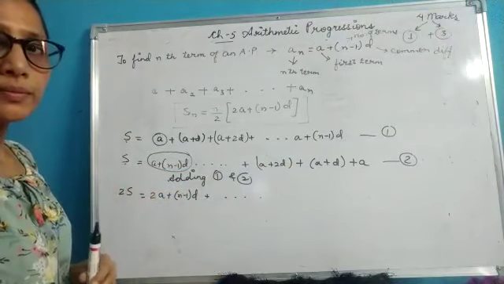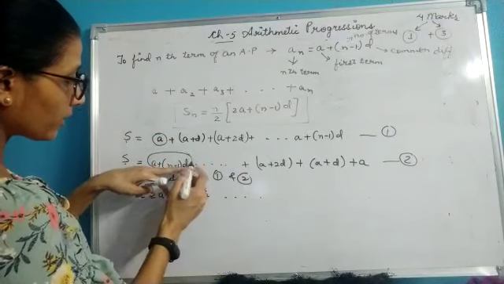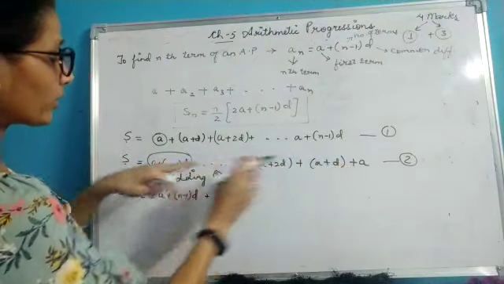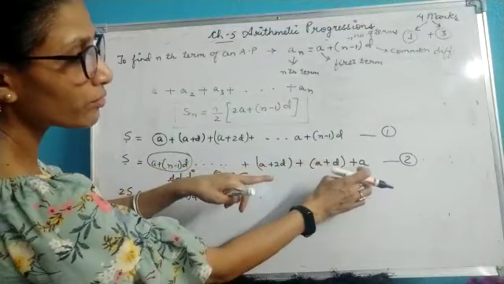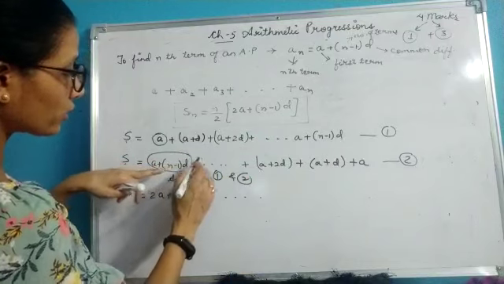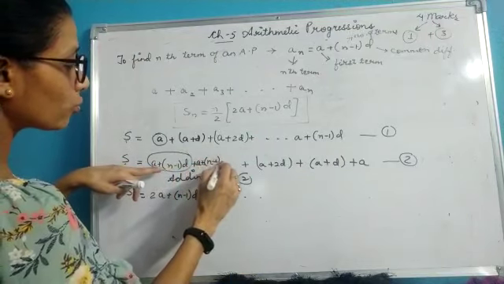So here, what will be the next term over here? That means I am moving in descending order. Here it is a plus n minus 1 d, and then I am moving to the first term. So if I want to write the next term, I can write it as a plus n minus 2 into d.